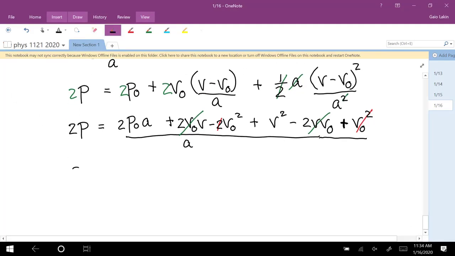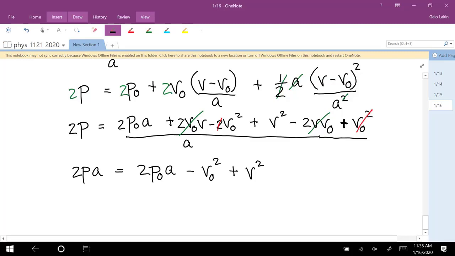And so we have 2PA, multiply the A to both sides, is equal to 2P0A minus V0 squared plus V squared, and that's it.